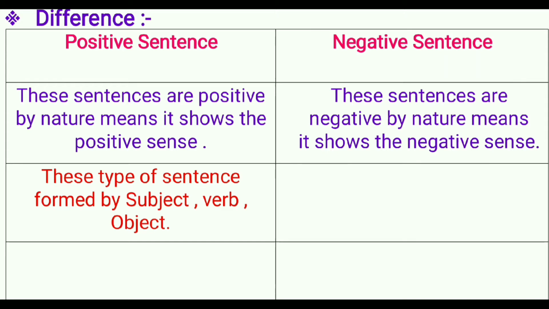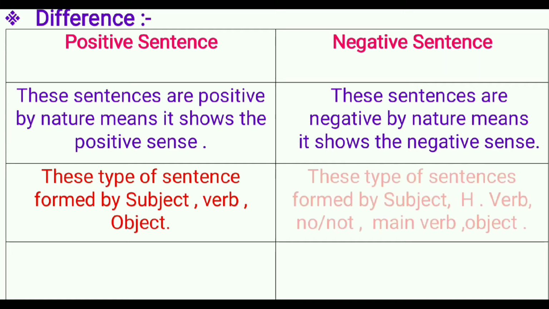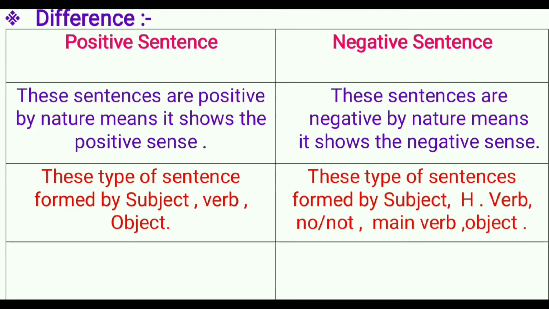So now we understand that for making a positive sentence we need subject, verb and object, the main three parts, right? But to make a negative sentence we need subject, helping verb, no or not, main verb and object. These five parts of speech make a complete negative sentence.